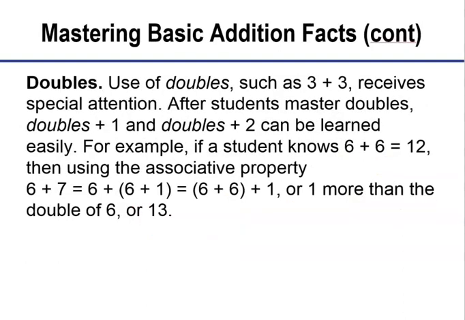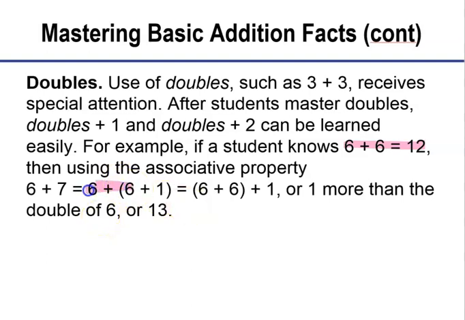Doubles is another strategy students use for remembering addition facts. Use of doubles, such as 3 plus 3, receives special attention. After students master doubles, doubles plus 1 and doubles plus 2 can be learned easily. For example, if a student knows 6 plus 6 is equal to 12, then using the associative property, which we're going to talk about shortly, 6 plus 7 is equal to 6 plus 6 plus 1.